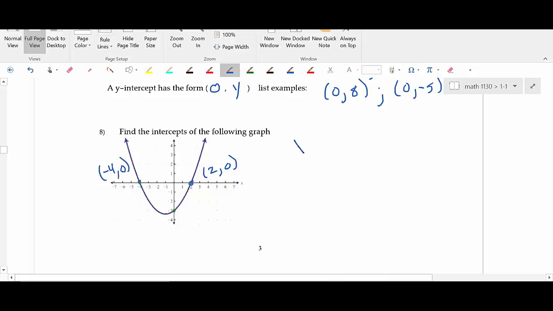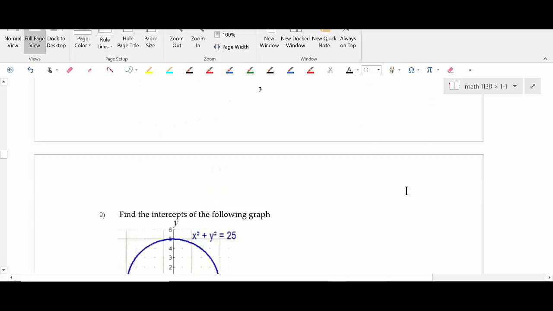Those are your x-intercepts. And then the y-intercept is this point, which is 0, -3. That's it. You want to know the terminology on that. That's what intercepts are.